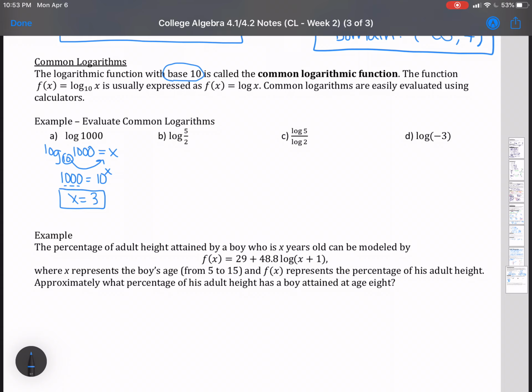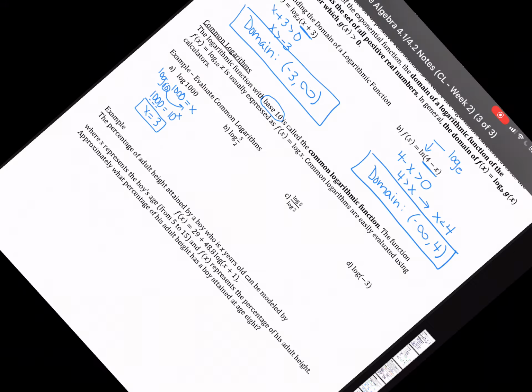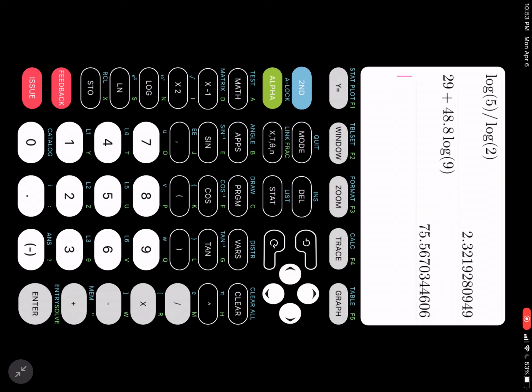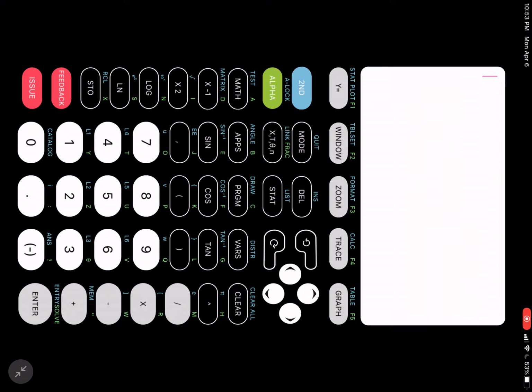Okay, but what if you didn't know that? So if you look at your calculator, and we talked about e the last time being with your ln, but we're looking at log, that's just to the left of 7.